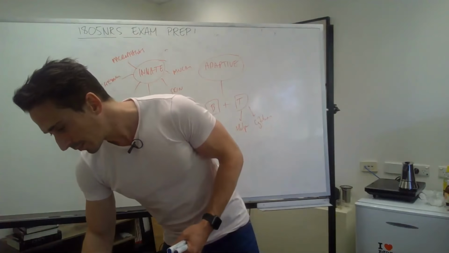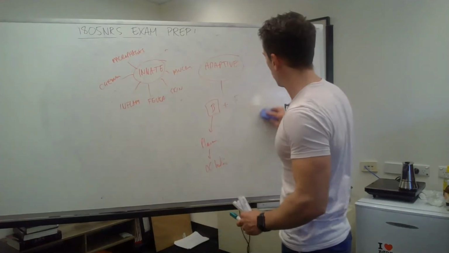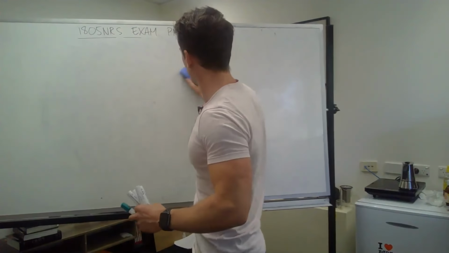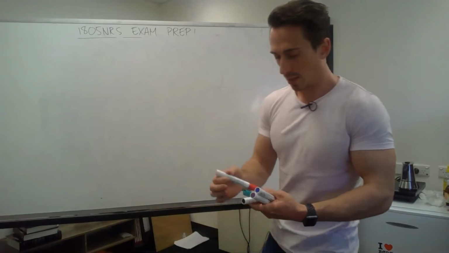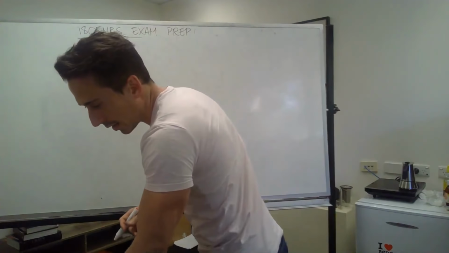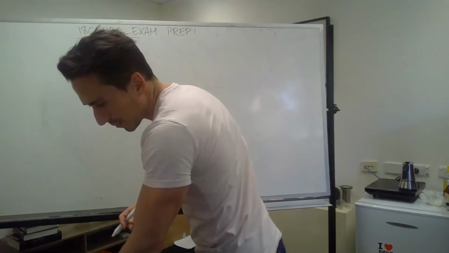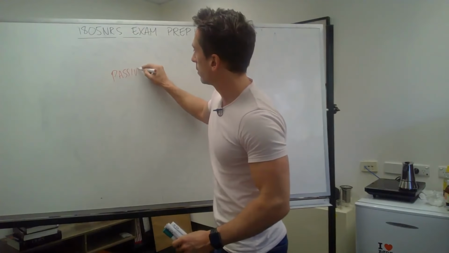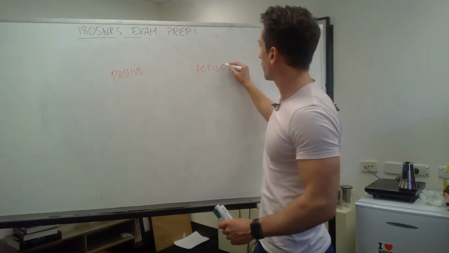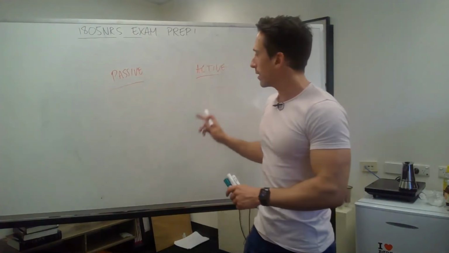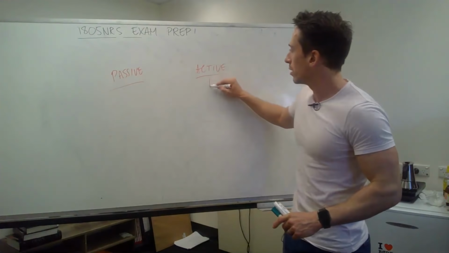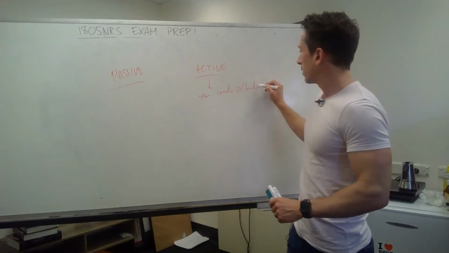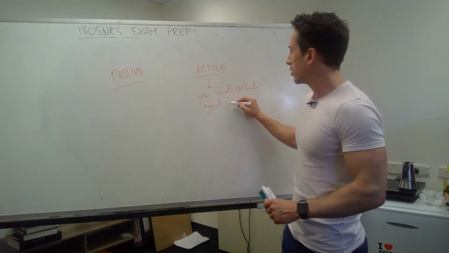All right. And then the last thing you need to know, before my voice falls away and disappears, is the difference between passive and active immunity. Let's do active first. It's easy. Active immunity is when you create the antibodies against antigens you've been exposed to.